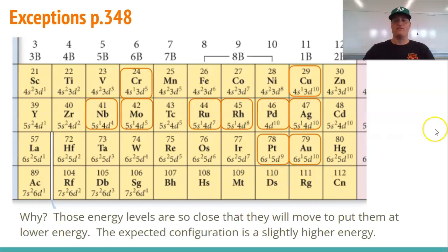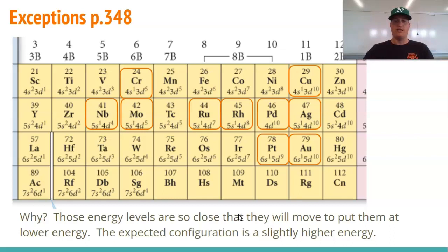Let's take a look at where this becomes important. There are some exceptions to these guidelines, and they are in the d block. When we have the idea that 4s2 is all filled up, you see 3d, this would be 3d4, but no, it's not. There actually seems to be an electron that has left the s and moved to the d. This is repeated in a couple different spots, and the reason for this is that they will have lower energy, and that lower energy is why this holds true in nature.